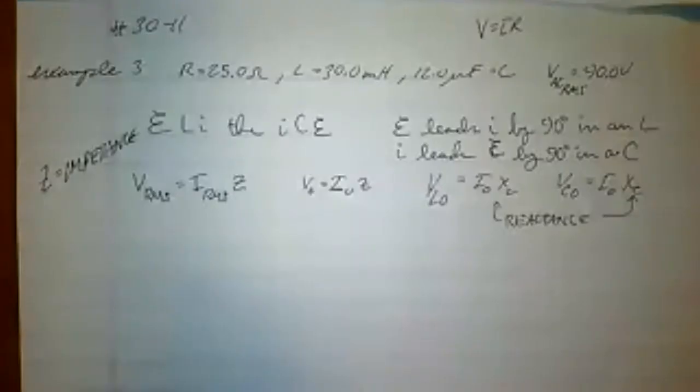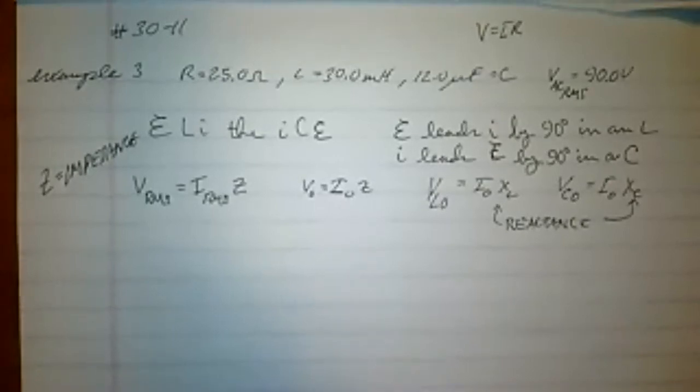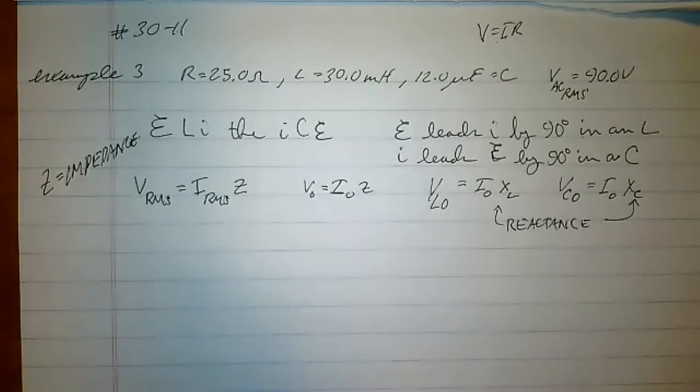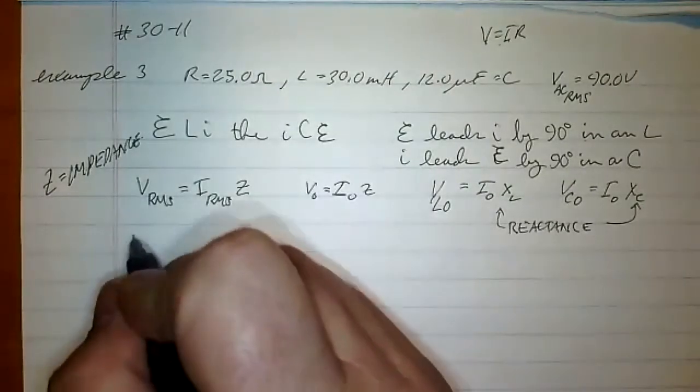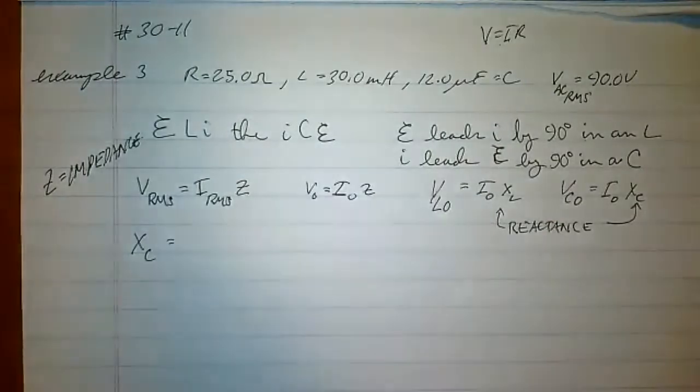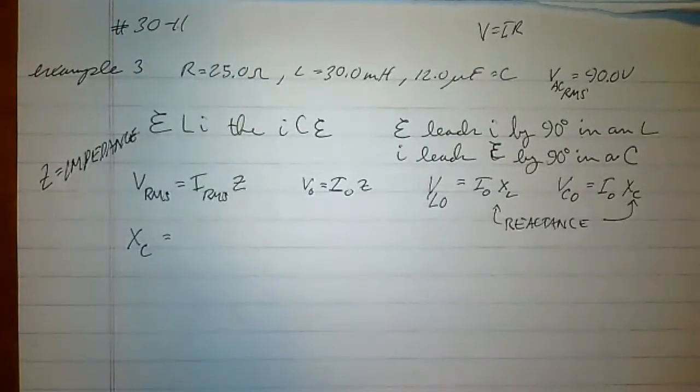Now, what's that mean? Well, all that means really is that there's a quantity equivalent to resistance. It's even measured in ohms, but it has a weird quality to it in that it's actually frequency dependent. So, for instance, one way we can deal with this Eli the Iceman thing is we can say, okay, well, XC, that's the capacitive reactance.